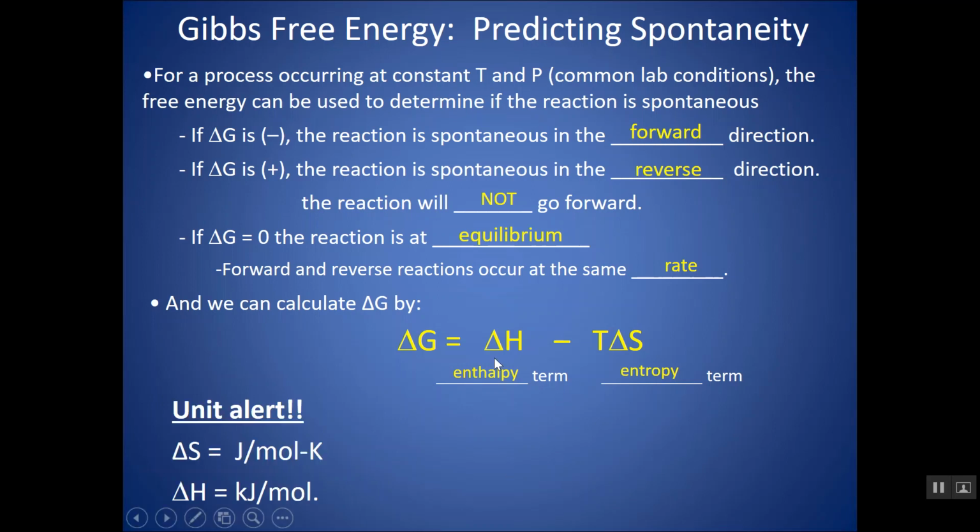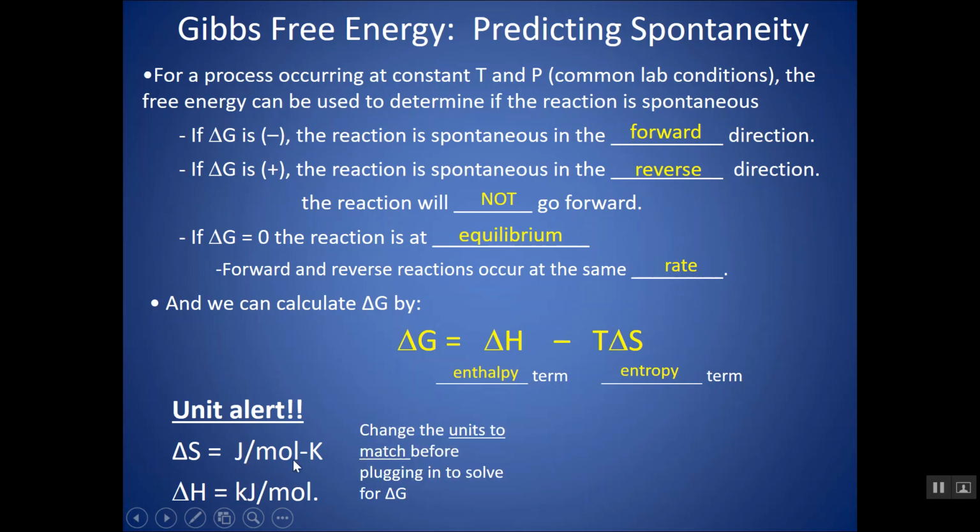Now, unit alert. So since we're subtracting these two things, anytime you're adding or subtracting, you want to make sure you're in the same units. We said delta H is typically kilojoules per mole, but delta S is typically joules per mole Kelvin. By multiplying by temperature, kelvins cancel out, but notice that the energy unit is different. One's in joules, one's in kilojoules.